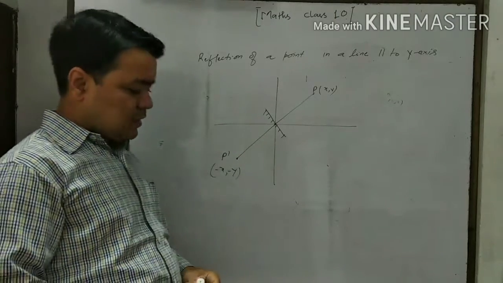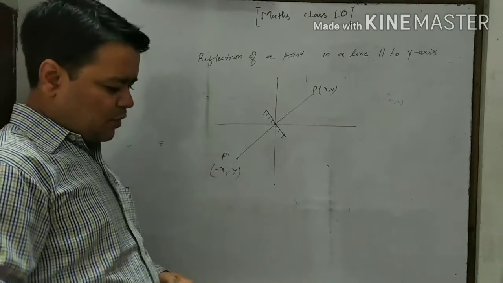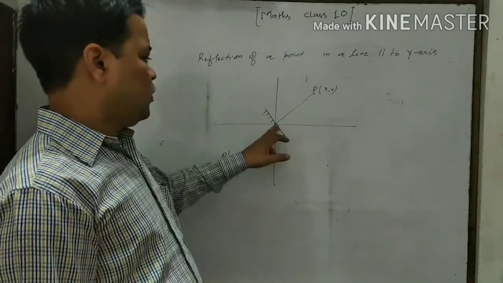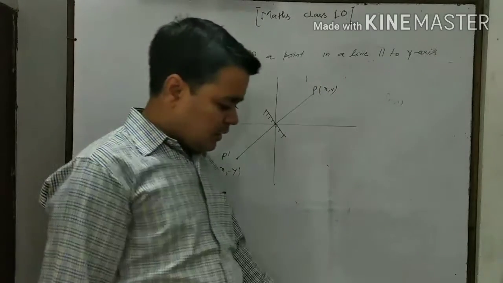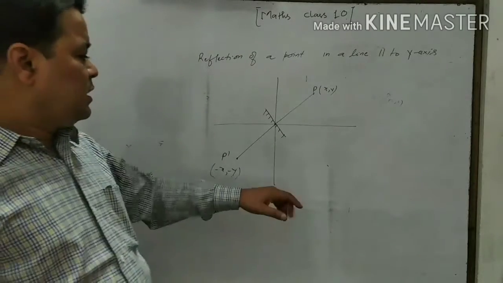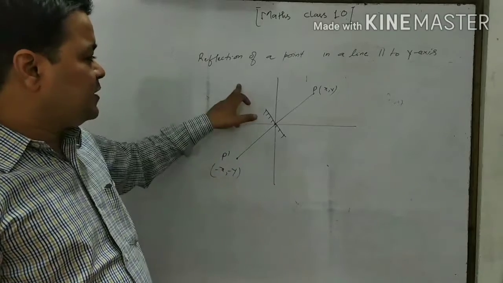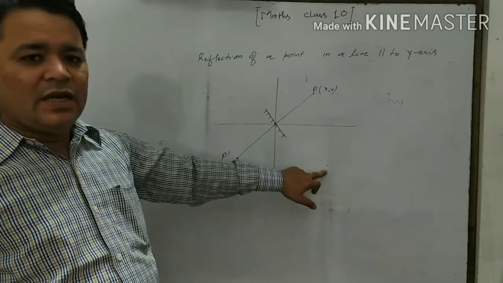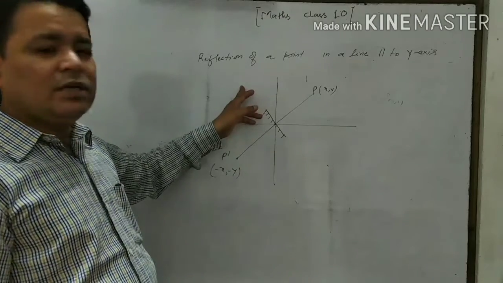When the reflection of a point is in the origin, only in that condition the image of this will be on this side, and if the object is here, then the image will be on this side. Again, if the object is in the fourth quadrant, then the image will be in the second quadrant.